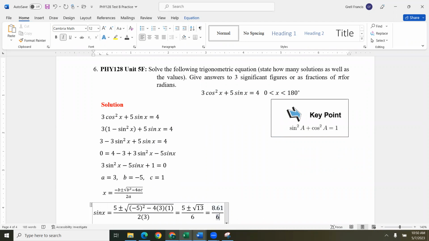Now we have to inverse sine, and we cannot inverse sine of any value that is greater than 1, because remember, sine is opposite over hypotenuse, and the opposite is always smaller than the hypotenuse. So sine of any value will always be a 0 point something. So there must be an error in the structure of the question. So let's make some changes to make this work.